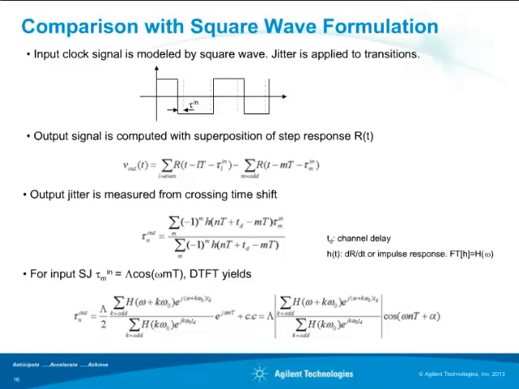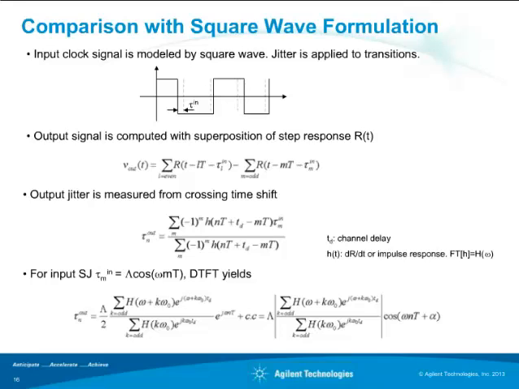Now, if we consider a sinusoidal jitter, the output jitter can be rewritten in the form of the transfer function, where the capital H is the Fourier transform of the impulse response.